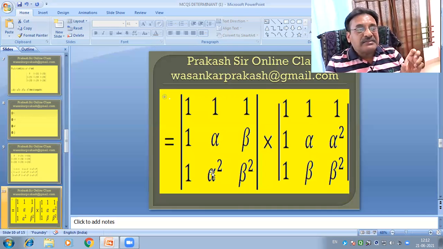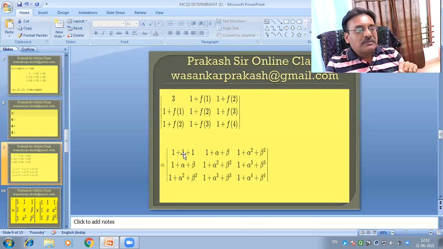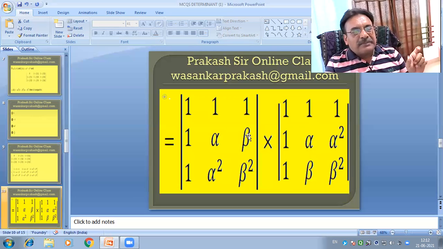If I multiply this, then we get first row, first column: 1 into 1, 1 into 1, 1 into 1, that is 1 plus 1 plus 1. So we get here 1 plus 1 plus 1. Then again by multiplying first row, second column: 1 into 1, 1 into alpha, 1 into beta, so 1 plus alpha plus beta.